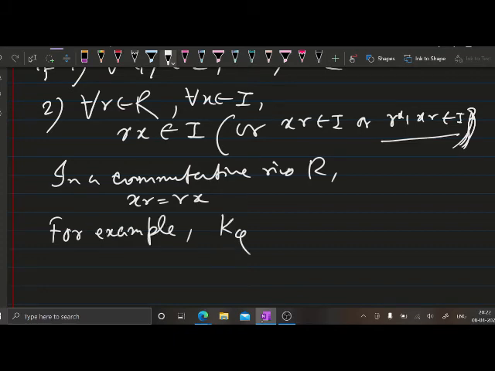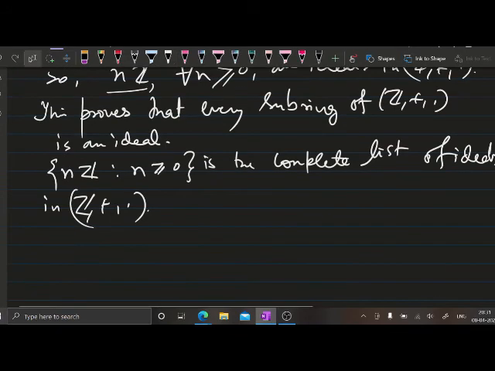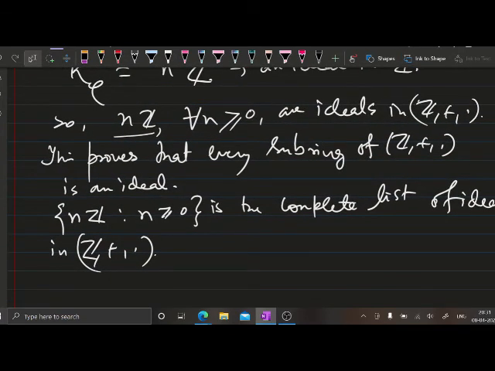So K phi, the kernel of a ring homomorphism, is going to be an ideal, right? So nZ is the complete list of ideals in Z plus dot.